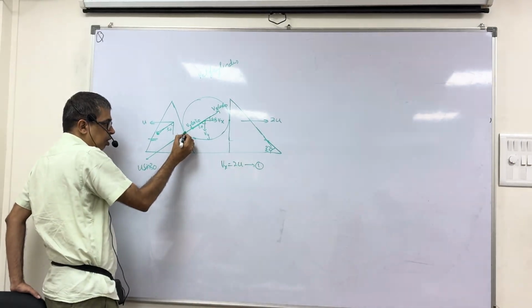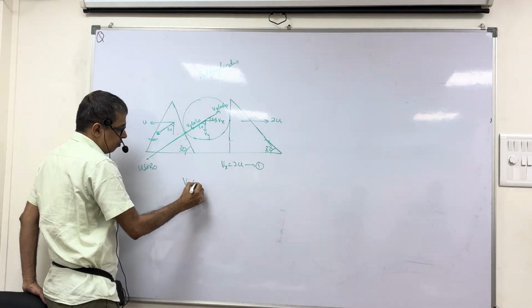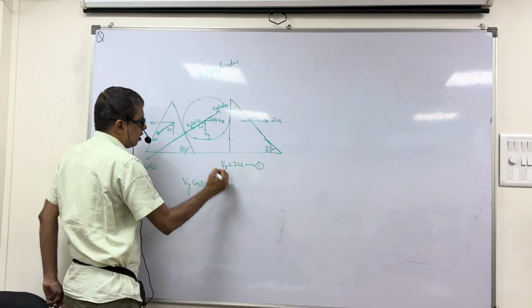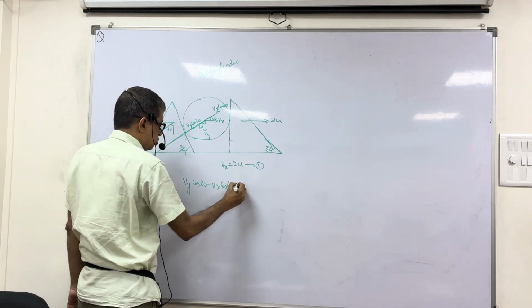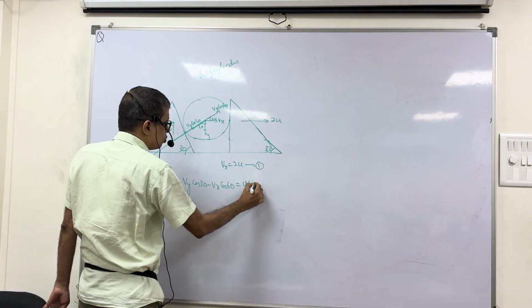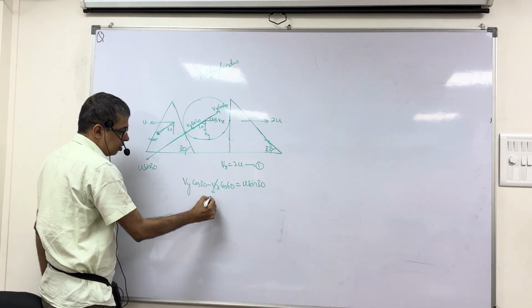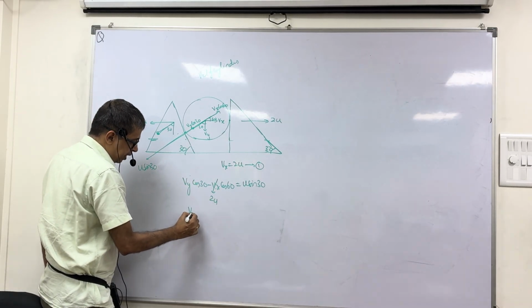Now, its velocity at the point of contact along the common normal, Vy cos 30 minus Vx cos 60, should be equal to u sin 30. Vx is equal to 2u. Vy is what I will have to calculate.